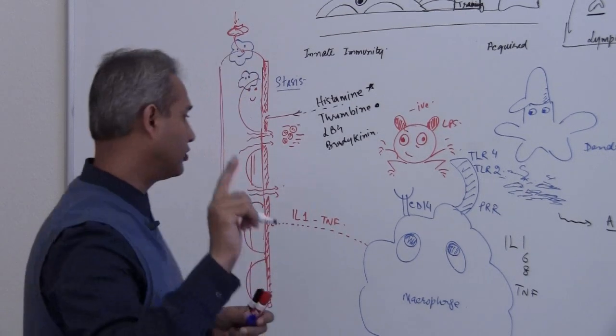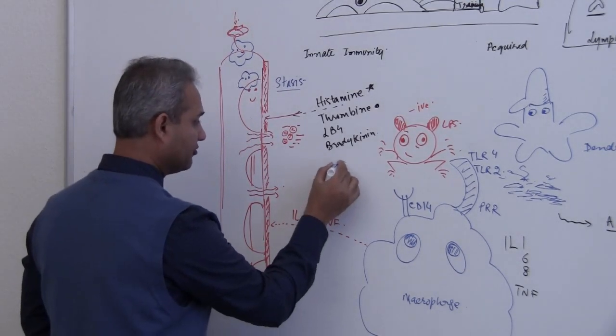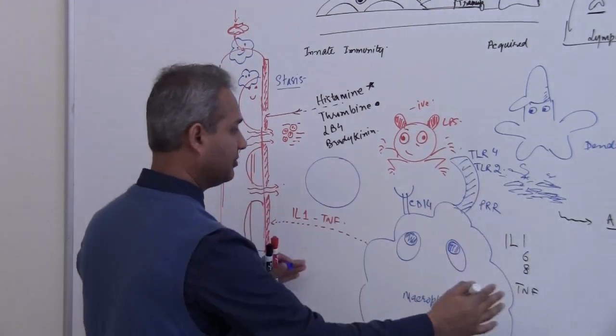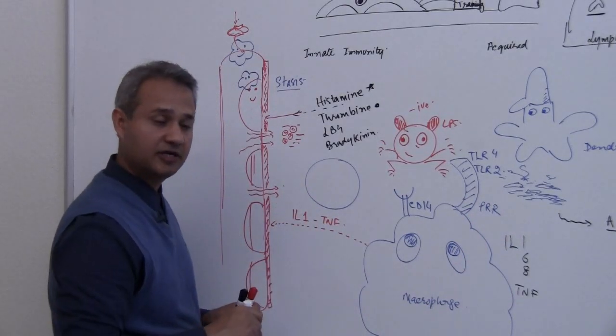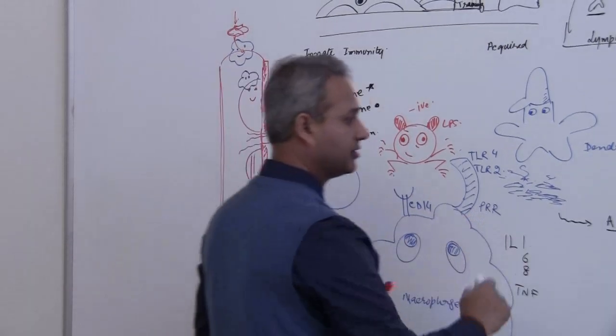Now here is a very important thing. These endothelial cells, if I make one endothelial cell over here, I don't want to disturb our picture, have a thing called, oh, let's go here.